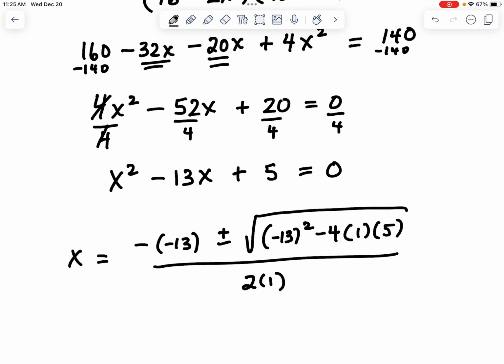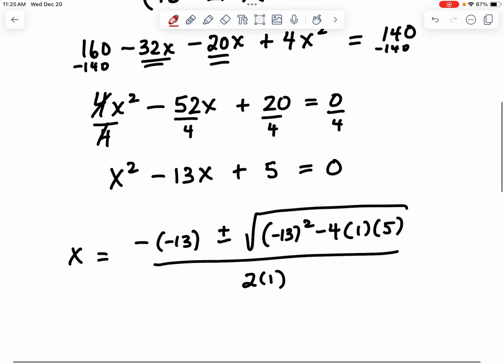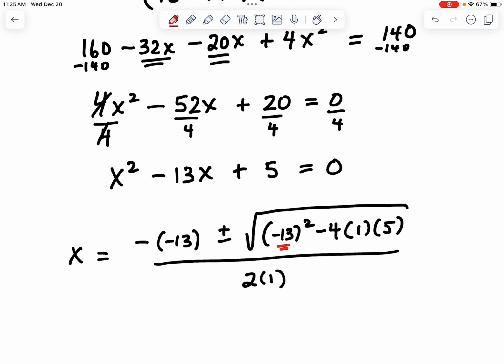Now, since this is a poster in real life, the sides cannot be imaginary numbers. So inside of the radical, there should not be a negative. Let's see. So negative 13, 13 times 13 is 169. When you square a negative, it's a positive, so that's a positive 169. And then minus 20.